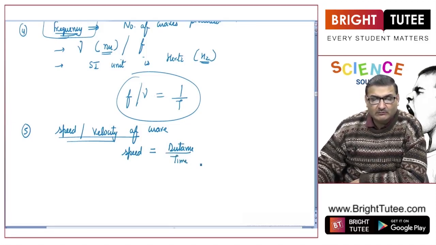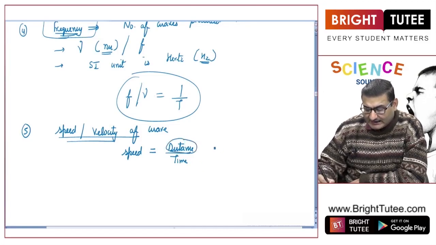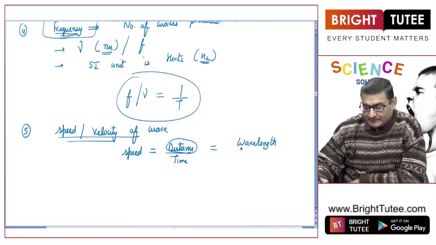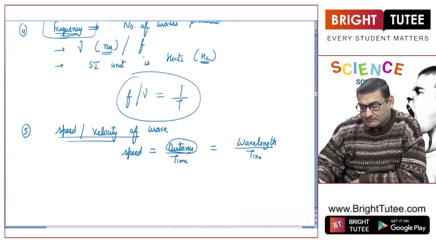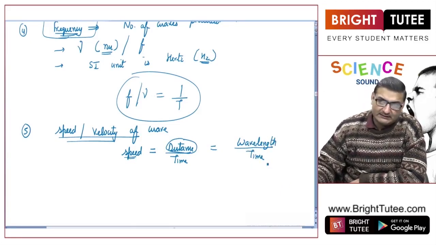When we talk about the distance in terms of waves, we relate this distance in terms of wavelength, as we have studied earlier, divided by time. So I can write speed is equal to wavelength upon time.